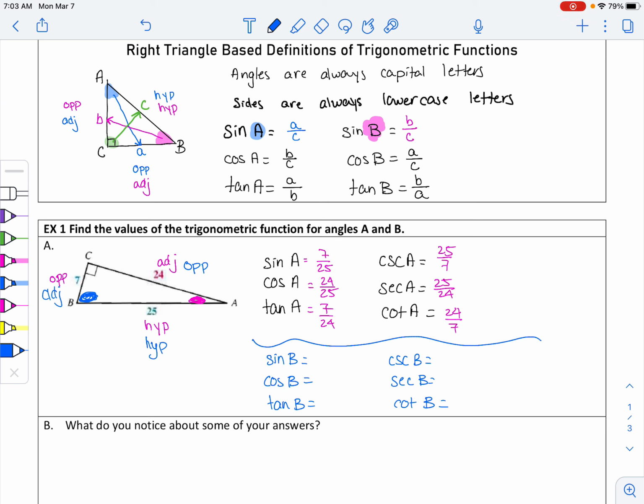So from angle B, sine would be 24 over 25. Flip that fraction for its reciprocal. Cosine would be 7 over 25. Flip that fraction. And tangent would be 24 over 7.